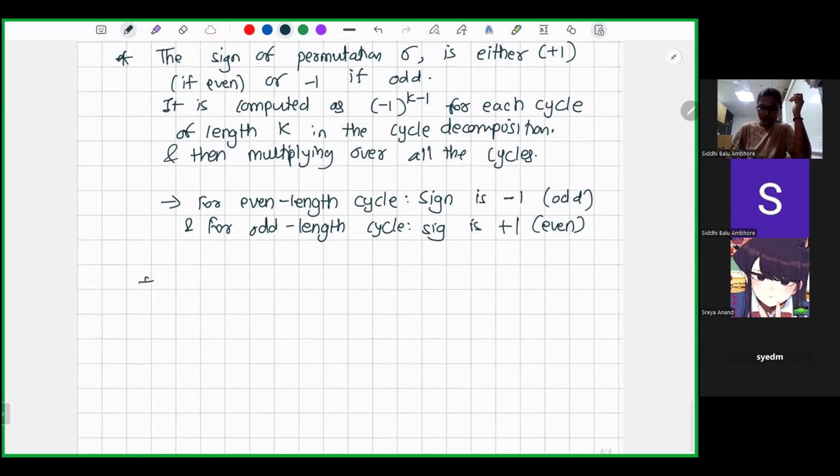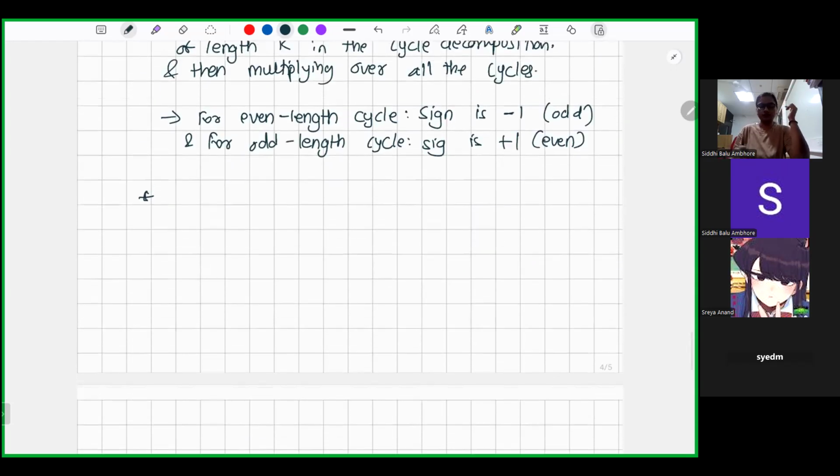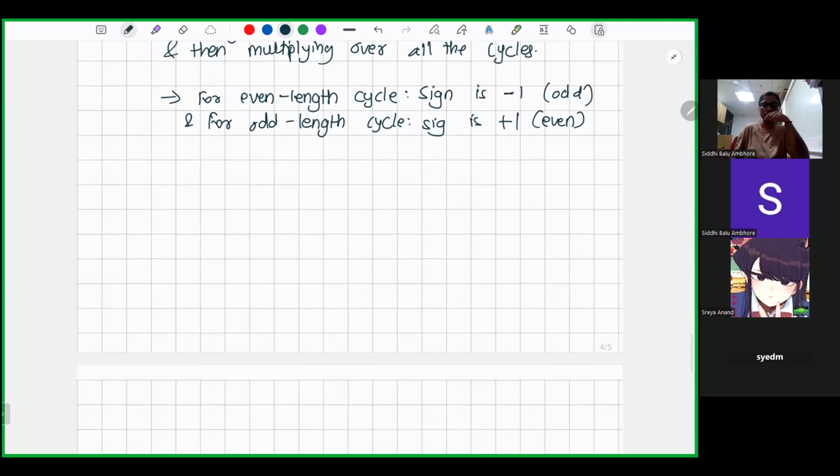So it's actually based on the number of transpositions we write. For example, transpositions are odd permutations, and have sign -1.